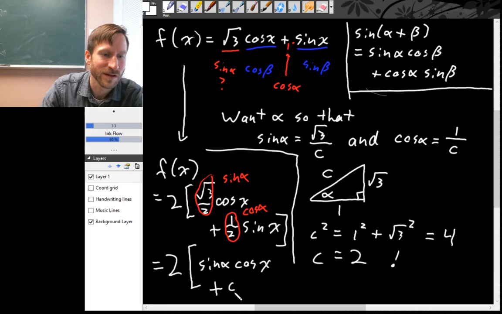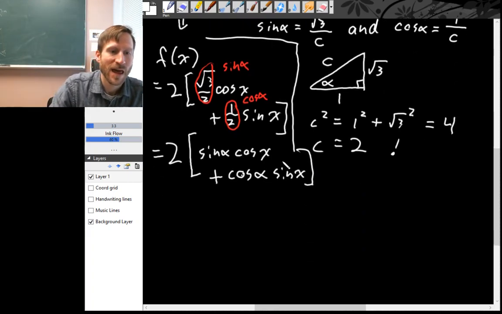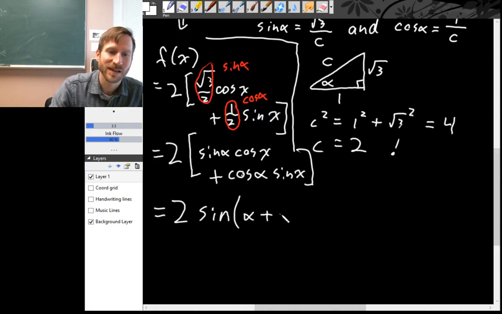So this is cosine of alpha times sine of x. Okay, I've made a bit of a mess here. And according to the addition formula for sine, everything in the brackets here is the right-hand side of the addition formula for sine. So we can replace it with the left-hand side of the addition formula for sine, sine of alpha plus x.